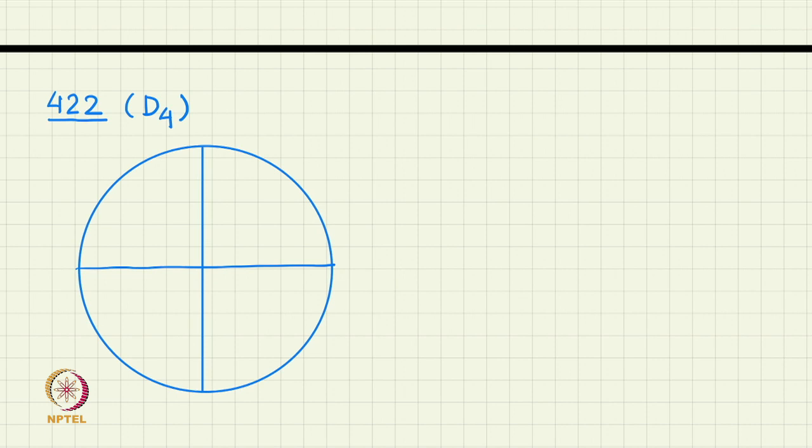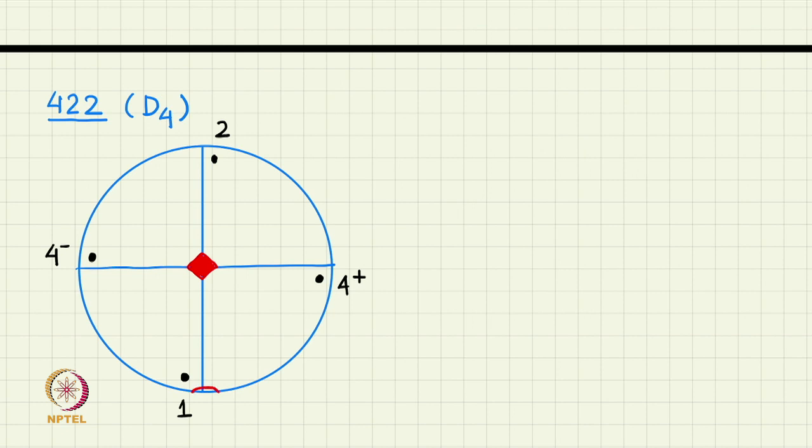I have a vertical fourfold now. This is a vertical fourfold, and this fourfold generates 4 equivalent positions, which corresponds to 4 operations of the group: 1, 4 plus, 2 and 4 minus.